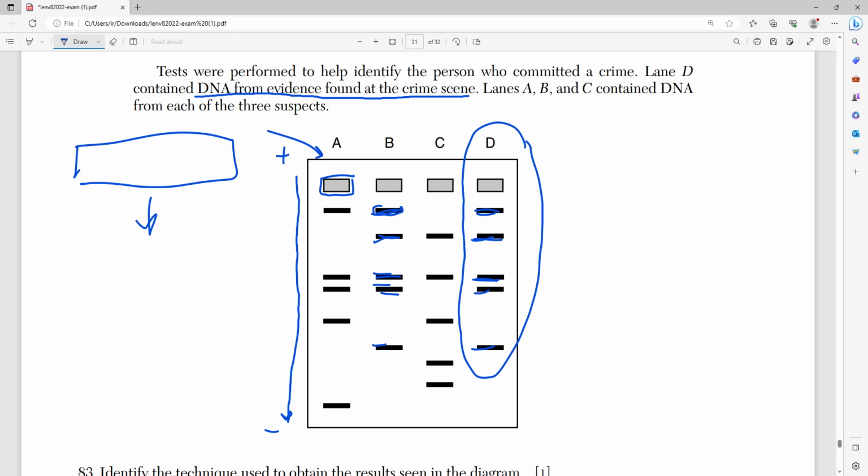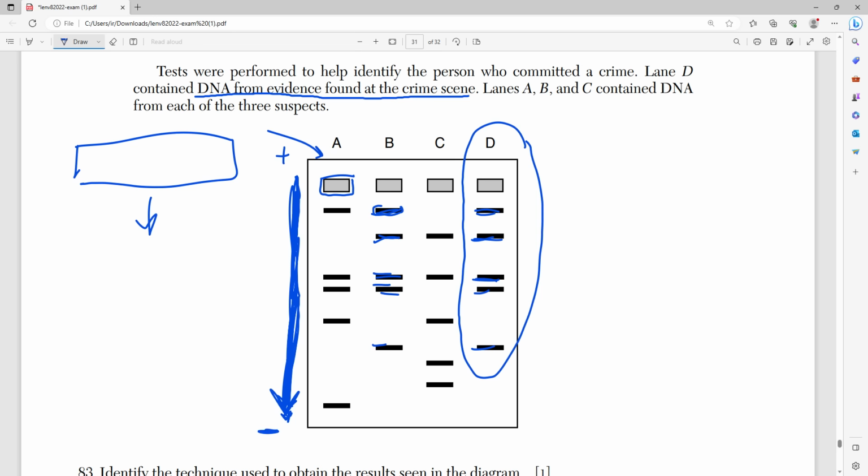Why? Because the DNA, as I just said, moves down from the wells all the way down to the bottom, right? And it moves because it's attracted to the charged bottom, right?